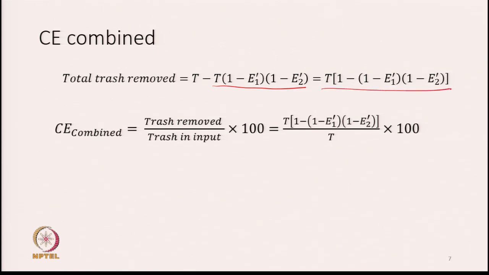The expression is T into (1 minus E1 dash) into (1 minus E2 dash). So, that is the trash which has been removed, that divided by the original value of trash in the input. So, we divide this by T and that multiplied by 100 will give me the combined cleaning efficiency.